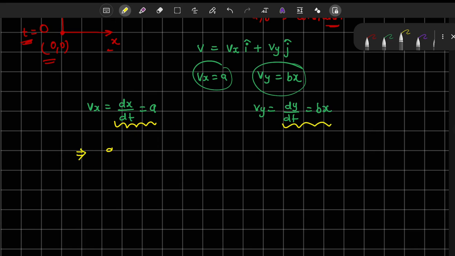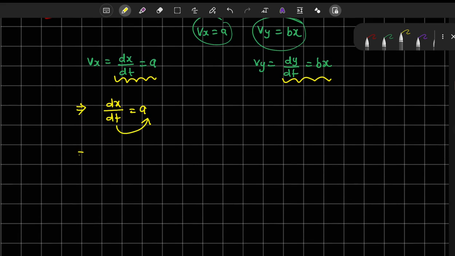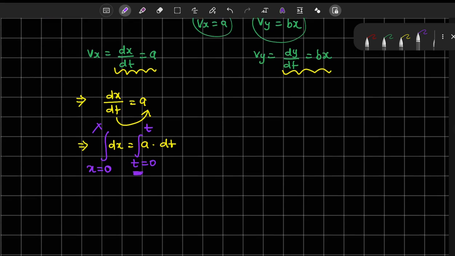So we can write dx by dt is equal to a, and let's take dt to this side, so we get dx equal to a times dt. Now let us integrate both the sides from t equal to 0. At the time instant t equal to 0, the x position was x equal to 0, and at the time instant t, let us say at this position x.